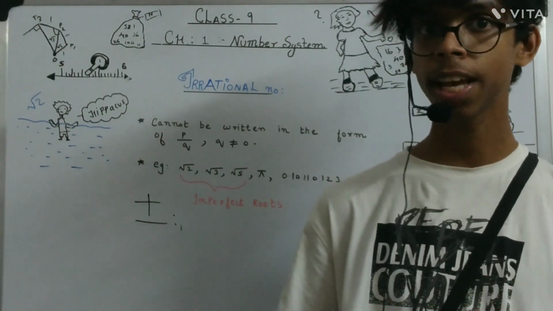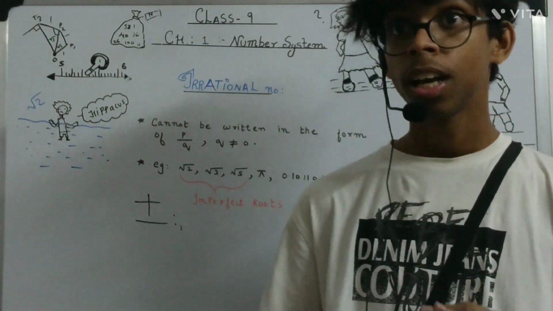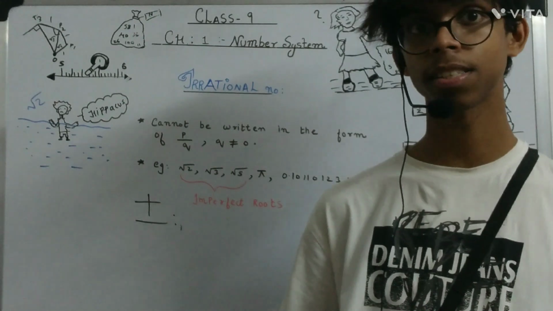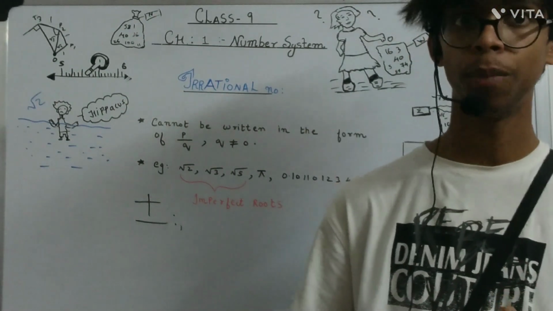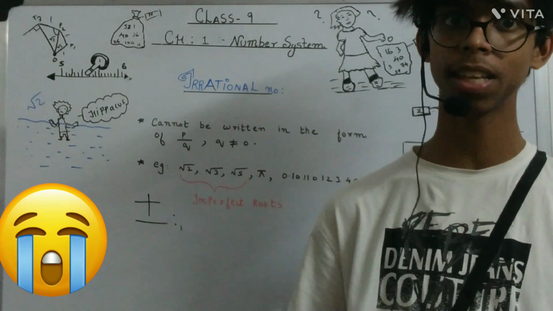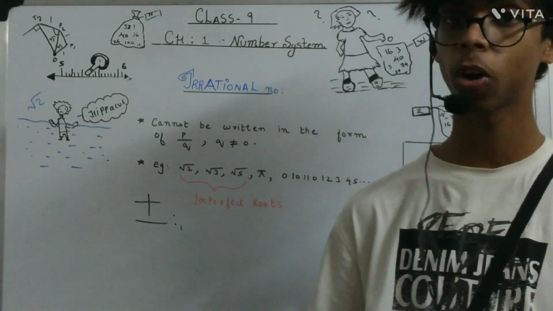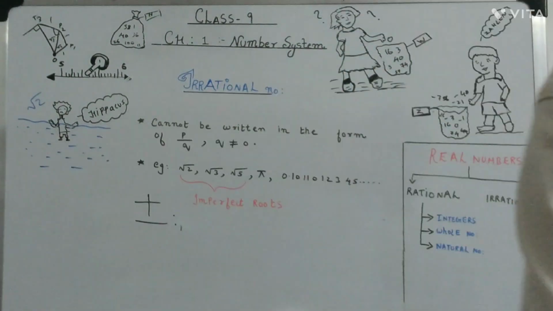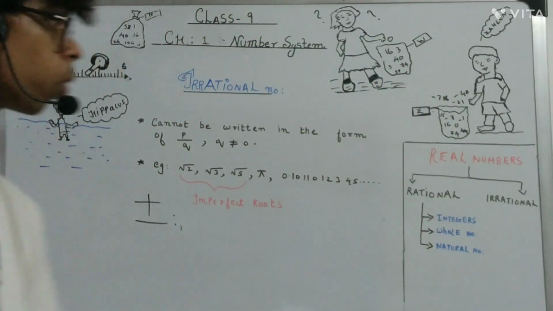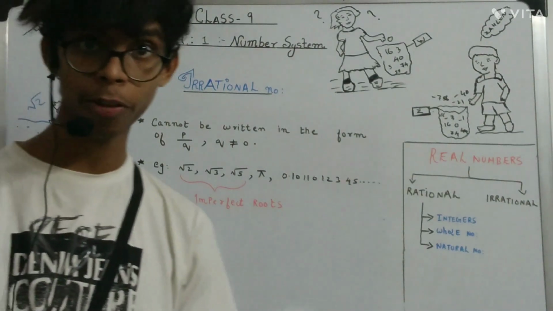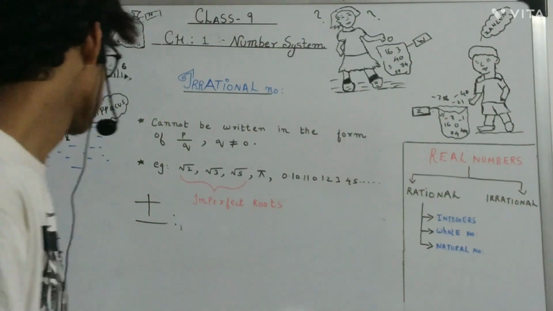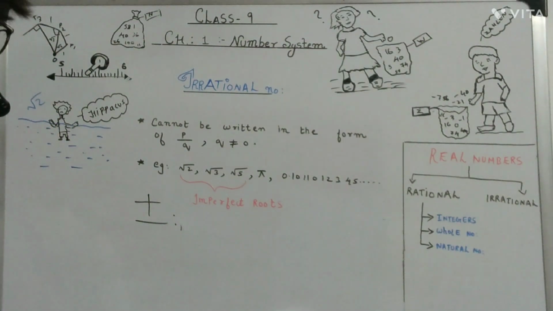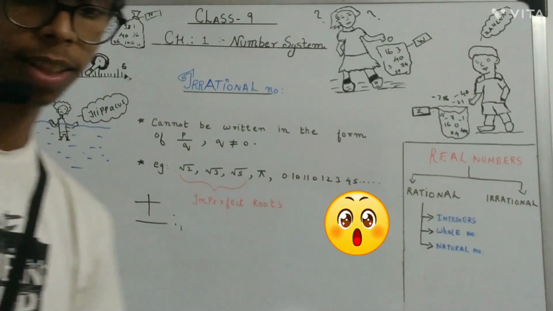But there is a myth: it is said that many people who believed in Pythagoras did not want Hippacus to say something against their beliefs, so he was drowned in the sea to death by these Pythagoreans. You can see over here he is drowning. If anyone finds any more such legends or myths, they can share them in the chat box. So it was Hippacus who is considered to have discovered irrational numbers, but he had an unfortunate death.